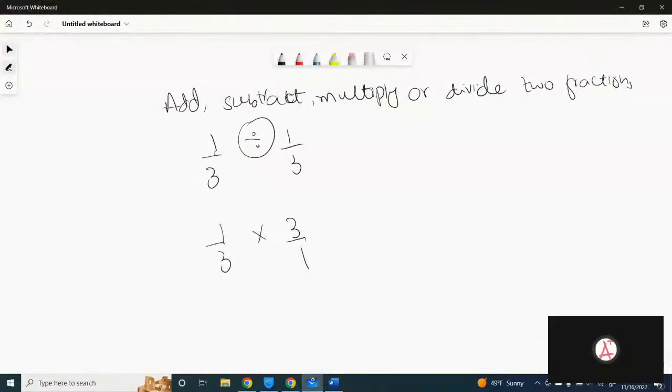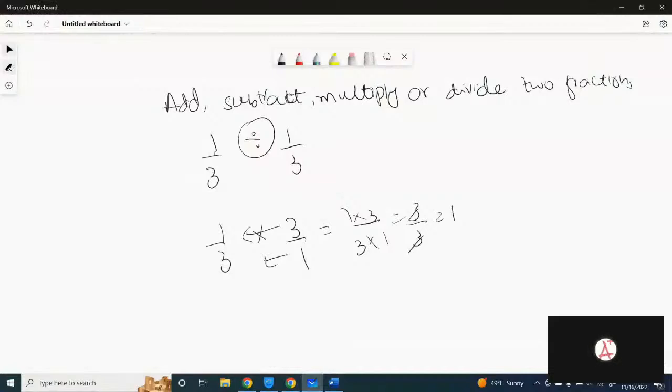So when you multiply, you have to multiply numerator and denominator. So 3 times 1 is 3 and 1 times 3 is 3. When you divide them, they make 1. Got it? So whenever you have to divide two fractions, just convert the division sign to the multiplication one by interchanging the numerator and denominator.